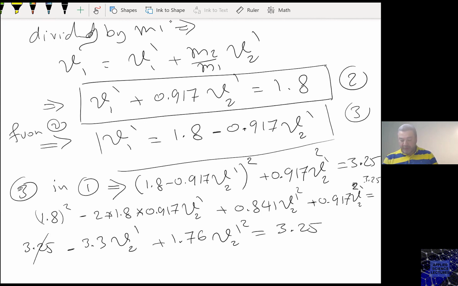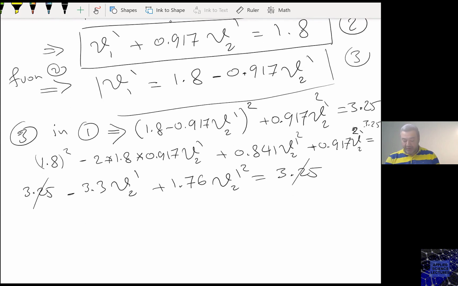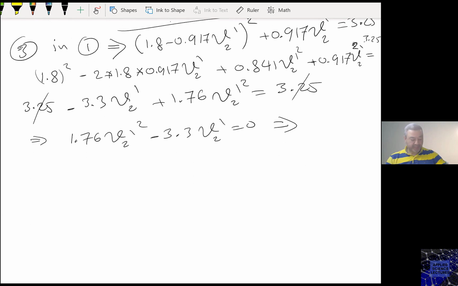Now 3.25 and 3.25 will cancel, and we are going to end up with 1.76 V2 prime squared minus 3.3 V2 prime equals 0. Take the V2 prime outside: V2 prime times 1.76 V2 prime minus 3.3 equals 0.